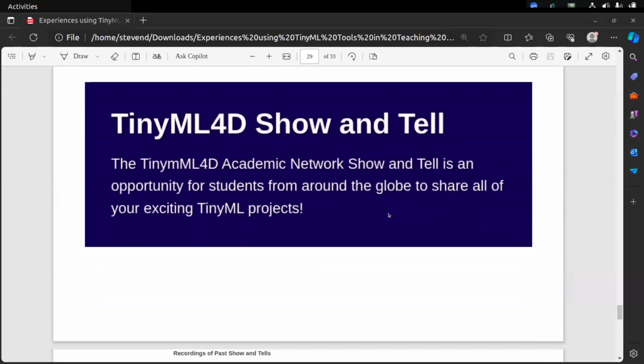Apart from that, back in the Tiny Machine Learning 4D community, there is this event, Show and Tell, in which students around the world or other enthusiastic people can present what they are developing.